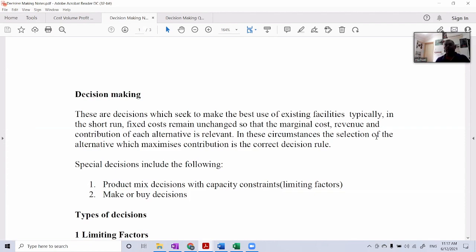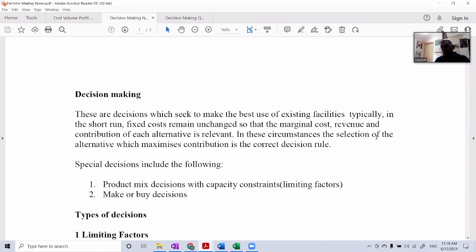When you have to make a choice, it implies there must be many alternatives. So decision making is simply about making the right choice, choosing between different alternatives to come to a solution. It's a question of choice.